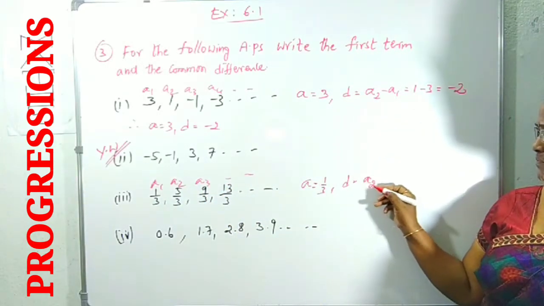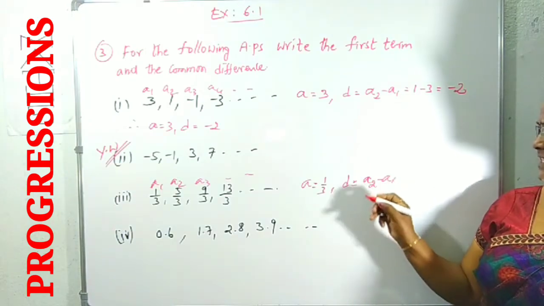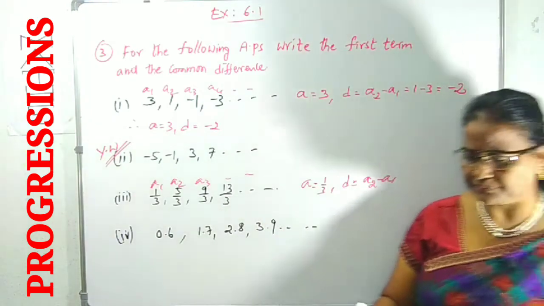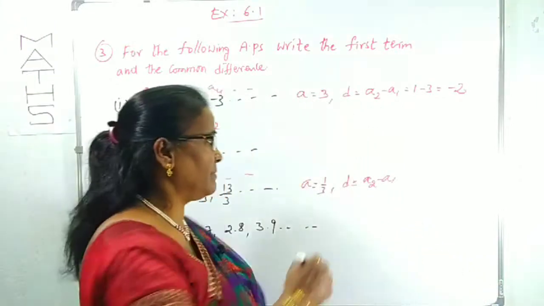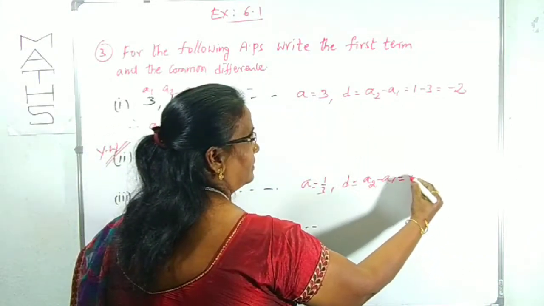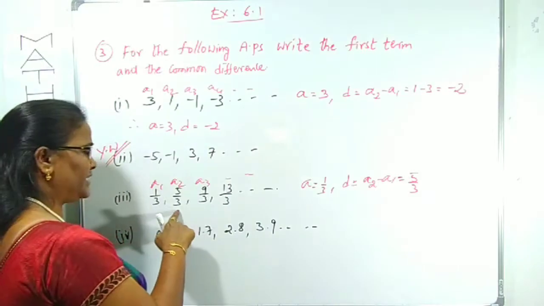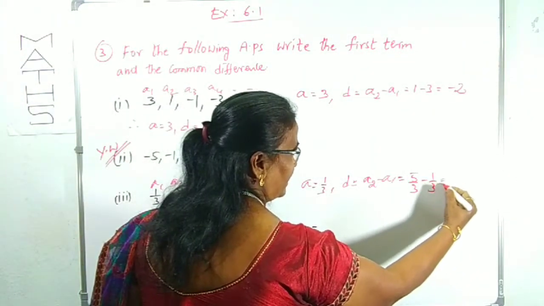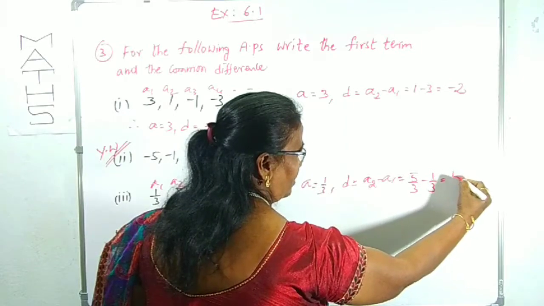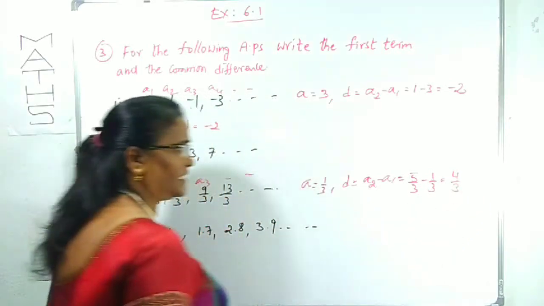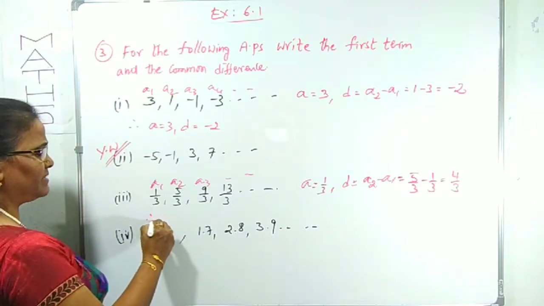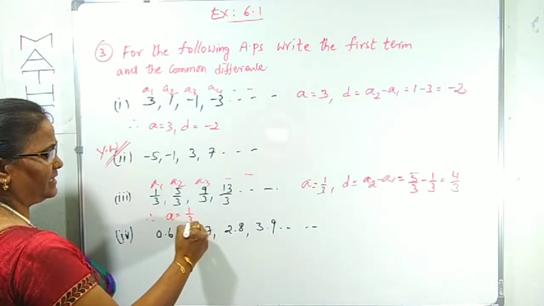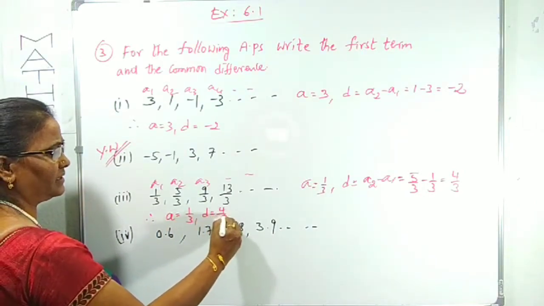A2 is 5 by 3, minus 1 by 3. 5 by 3 minus 1 by 3 is 4 by 3. That is D. Therefore, the answer for this bit: A is 1 by 3, D is 4 by 3.